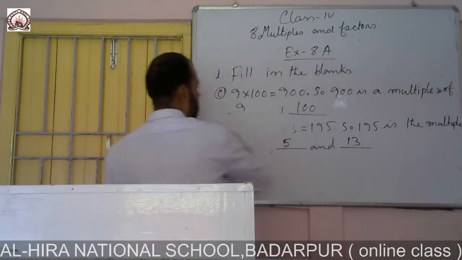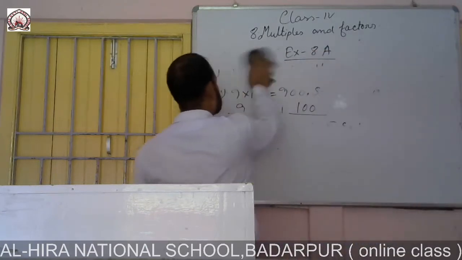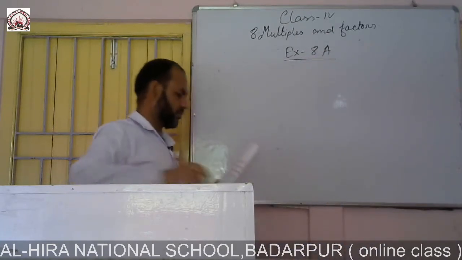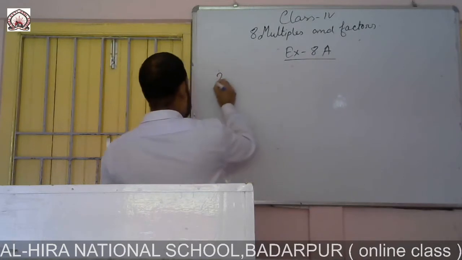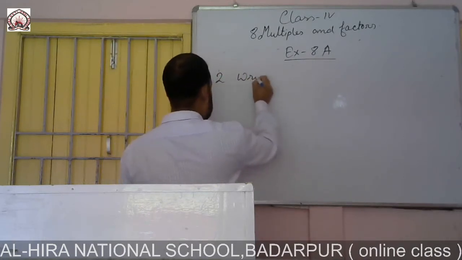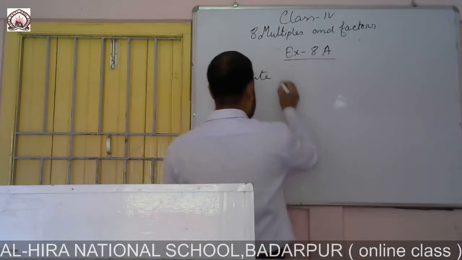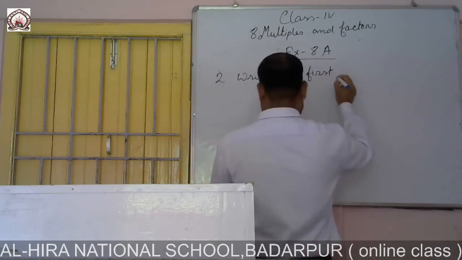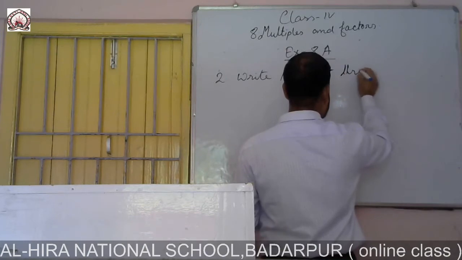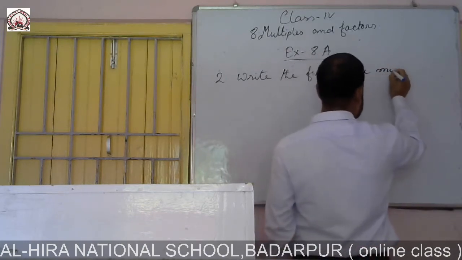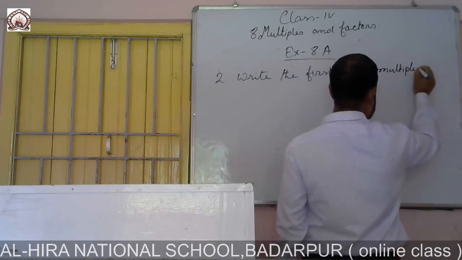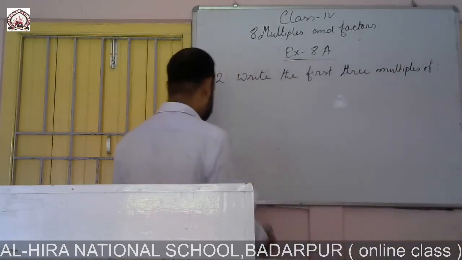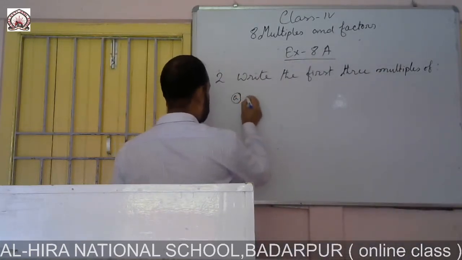Next question number 2. Write the first 3 multiples of number A, 2.